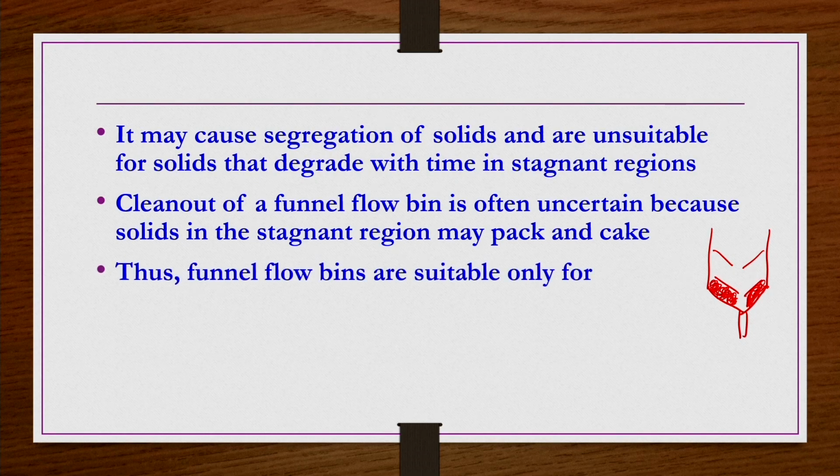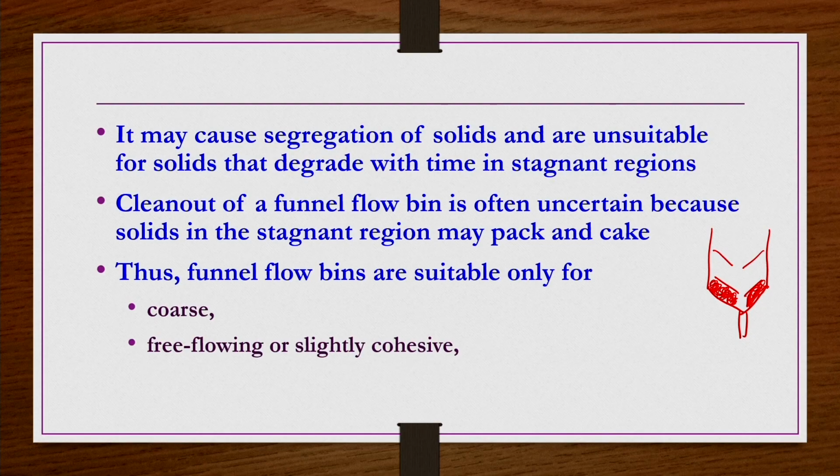So, funnel flow bins are suitable only for coarse, free flowing or slightly cohesive materials, not strongly cohesive ones. You cannot ensure completely free flowing material in general. Most of the material may be free flowing, but it still has some amount of cohesive nature.